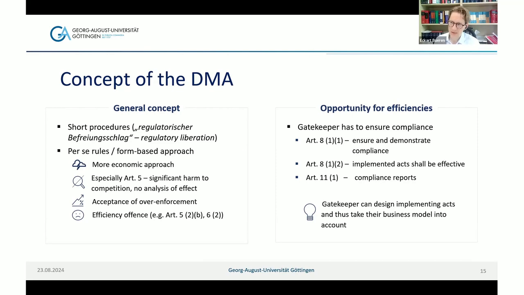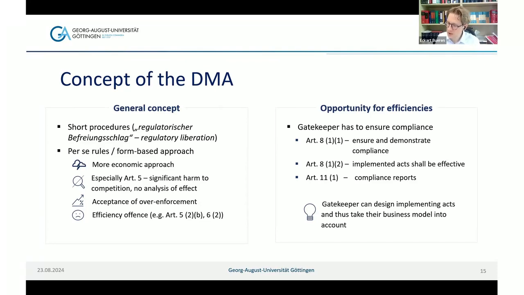And the Commission or the DMA tries to tackle this with an extensive provision on anti-circumvention. I won't go into details in my talk. We can do it in the discussion, but this is a basic concept. And the basic concept, this is my point here, allows the gatekeeper some flexibility in complying with the DMA. And this is at least a certain possibility to take into account efficiency.